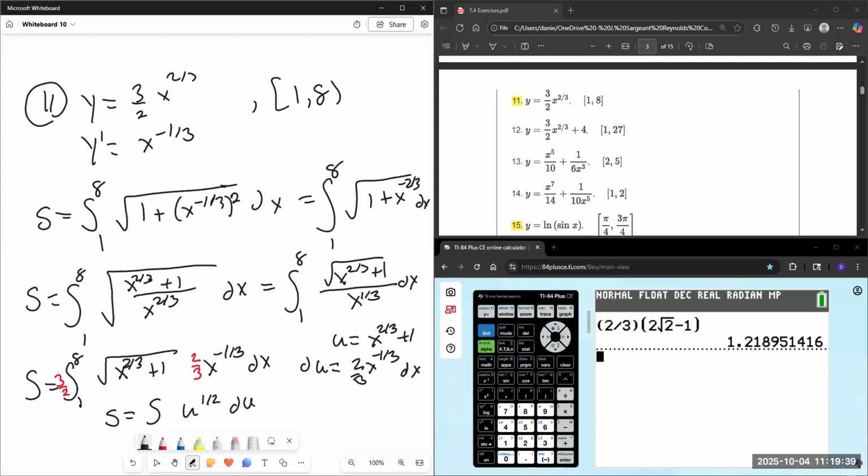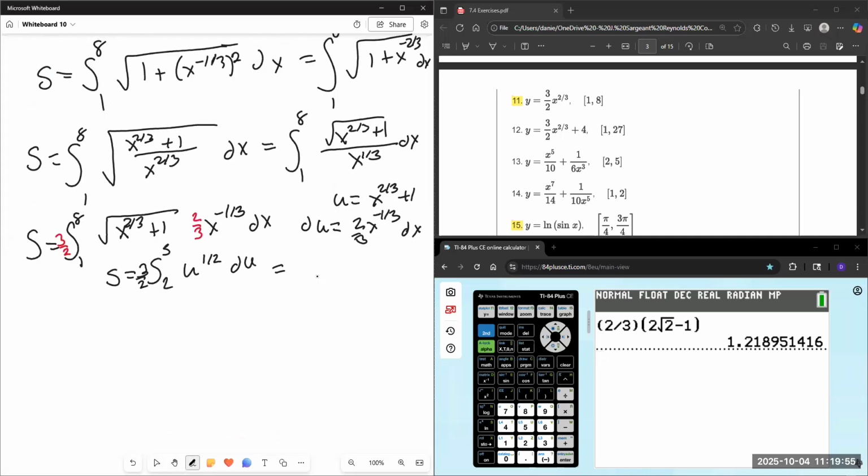Change my u values. 1 plus 1 is 2. 2 squared is 4 plus 1 is 5. So this will be 3 halves on the outside there. And so that will be 3 halves u to the 3 halves times 2/3 from 2 to 5. And these will cancel.